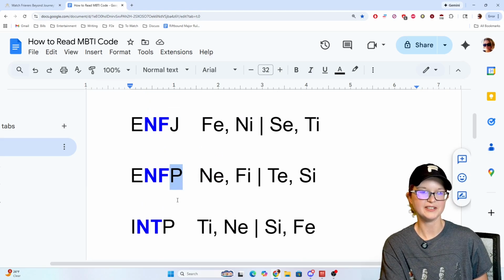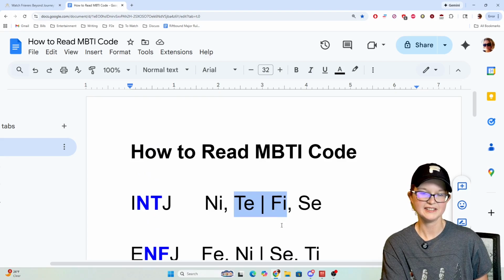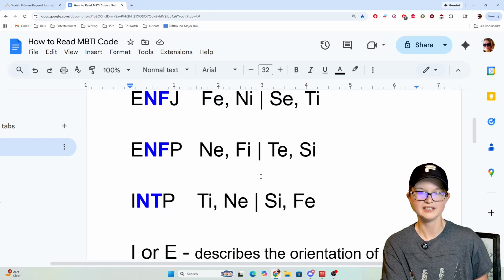So we know from having a P here in the fourth slot that they're going to extrovert their sensing or their intuition function. And we know that whatever they extrovert is going to be their dominant. So extroverted intuition is the dominant, meaning that what's left over is introverted feeling. And due to this mirroring effect, the mirror of FI is TE. As we saw in the INTJ, TE mirrored to FI. We now see FI mirrored to TE. And then the opposite of NE is SI.